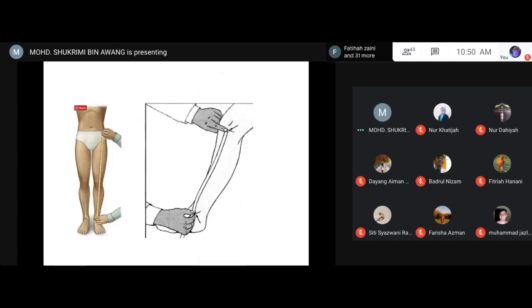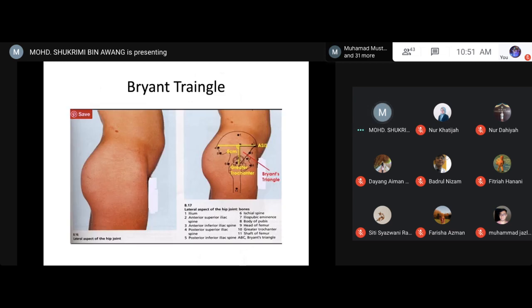All right, so this is your medial joint line. Now, to determine the Bryant triangle. The Bryant triangle is to look for any pathology that can lead to the limb length discrepancy as well.